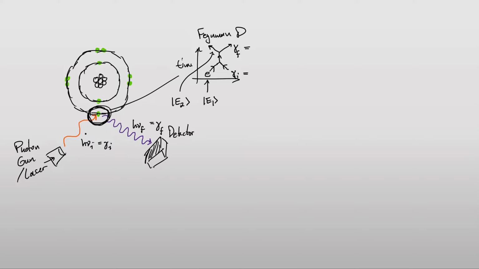In words, we can say that this photon, so photon incoming, gets annihilated as it comes in, annihilated, and photon final gets created.